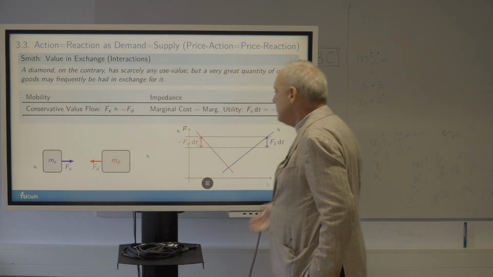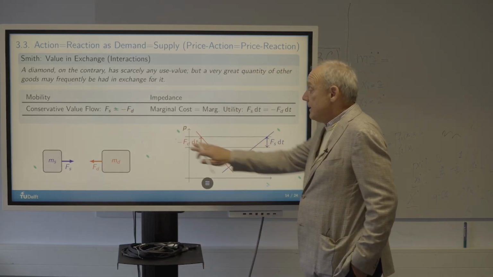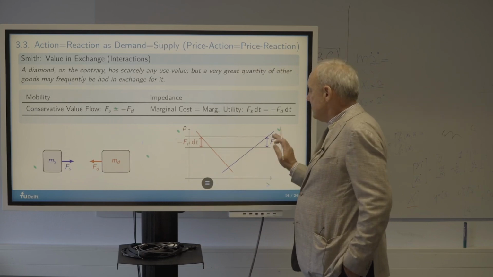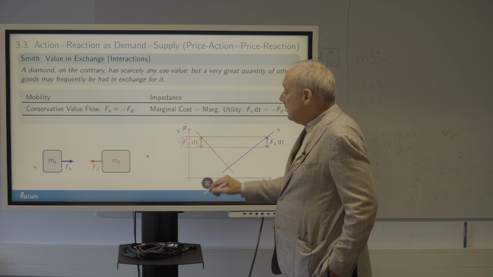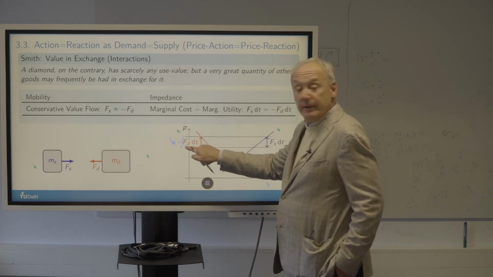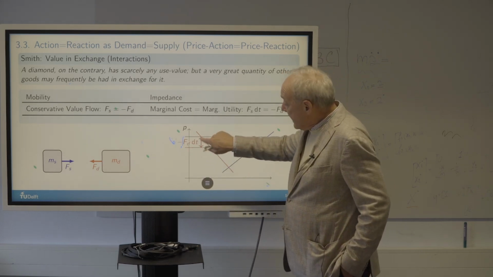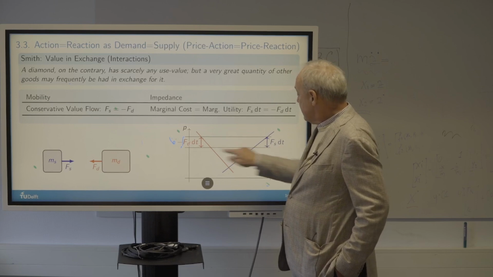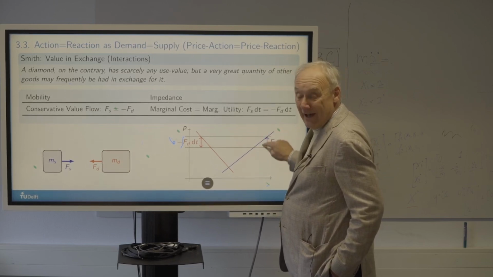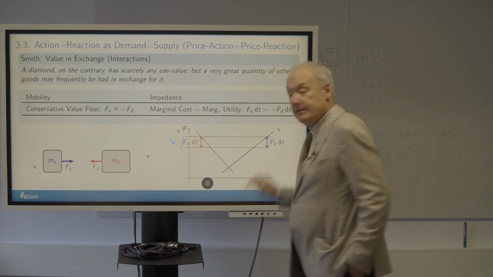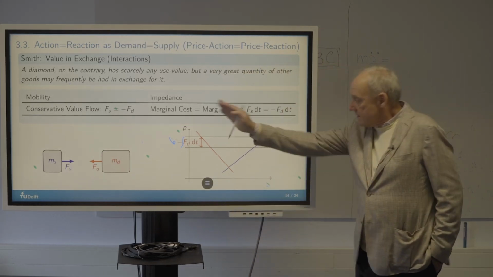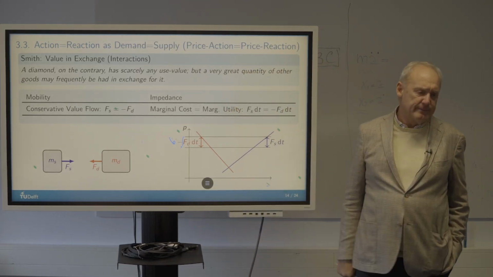And you can see economists know that, at least implicitly, because when they draw these demand and supply graphs, if you go down here, and this is like a P dot, then the change in price of the demander is going to be the opposite of the change in price for the supplier. Yeah, because this is plotted downwards.